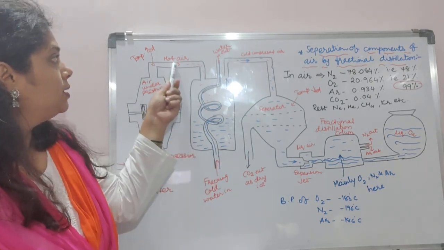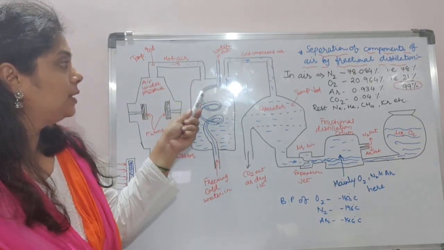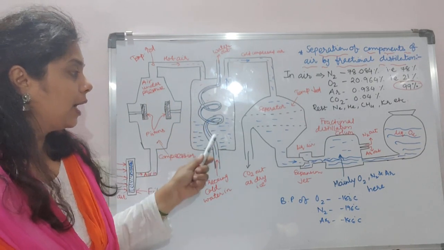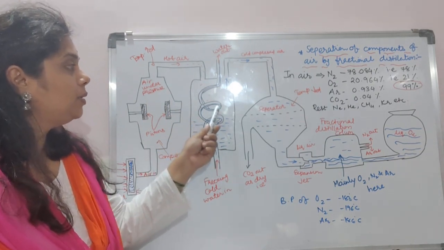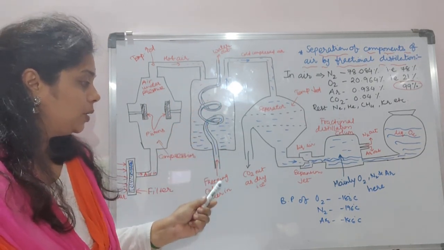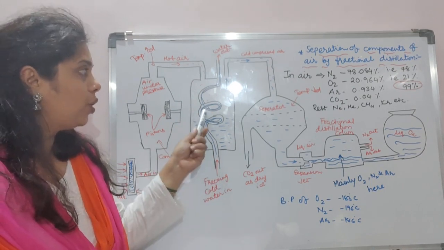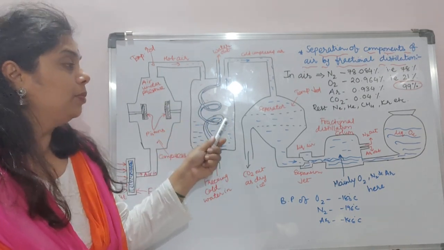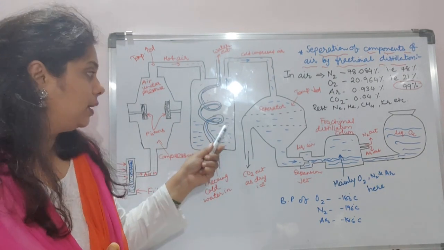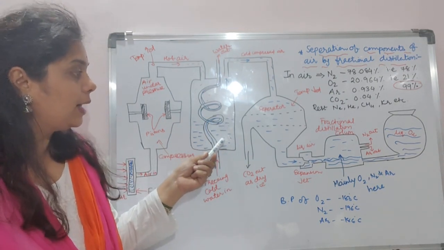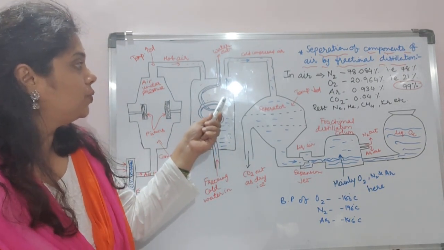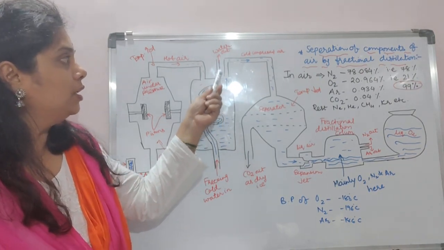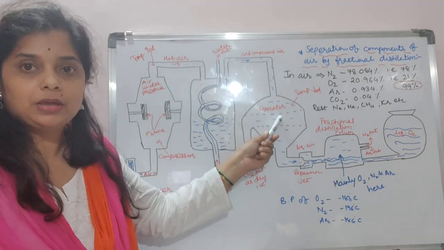As the hot air comes into this tank, because of the continuously moving freezing cold water, that hot air becomes cool, and it is stored at the bottom, and gradually its level increases and it moves to the separator.